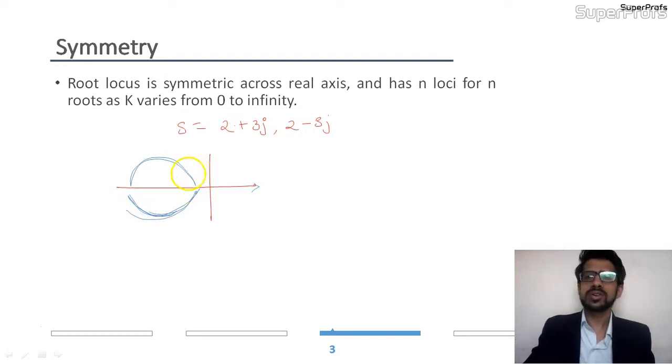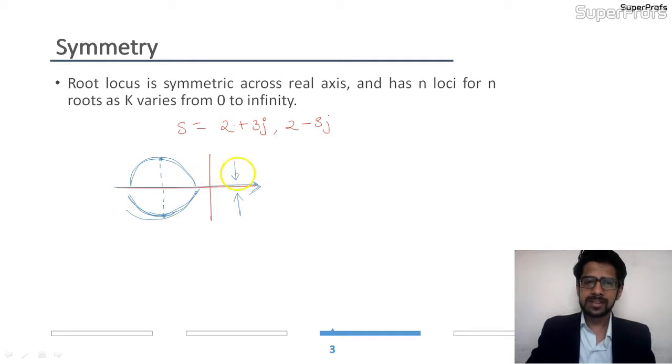So if you are able to draw the root locus above the real axis, it is very easy to recreate the root locus below the axis, because these are symmetrical diagrams in root locus. Because these roots occur in conjugate pairs, if root locus is true for this particular value, it will also be true for its conjugate pair, and that is why you get the symmetry.